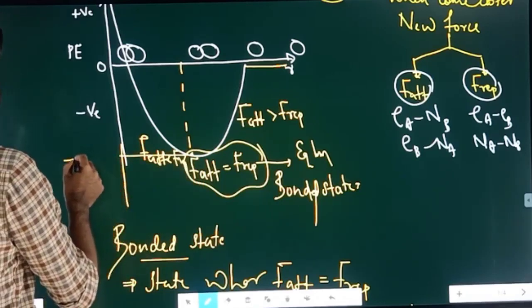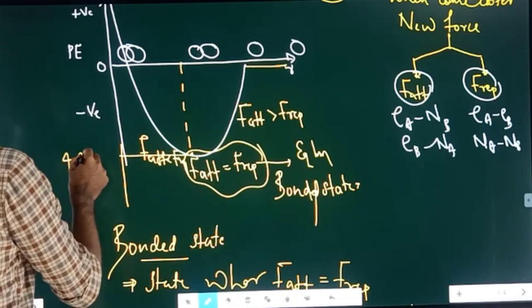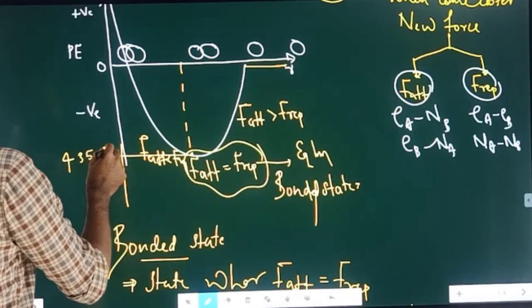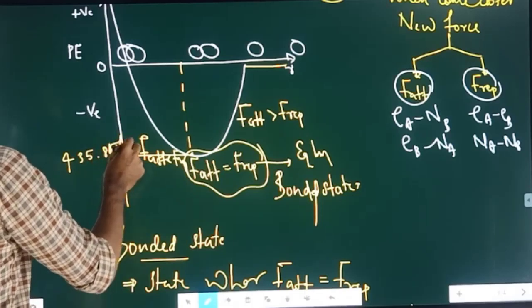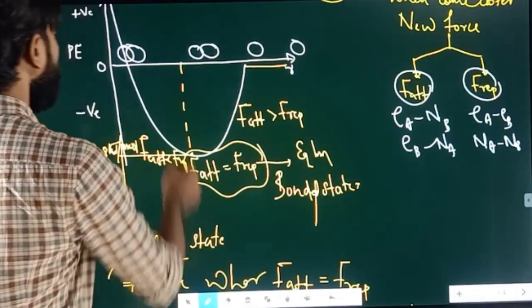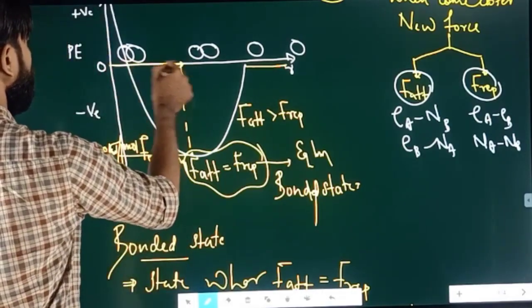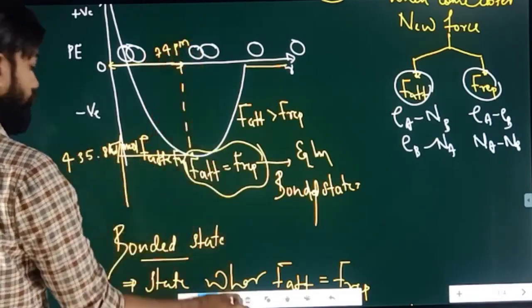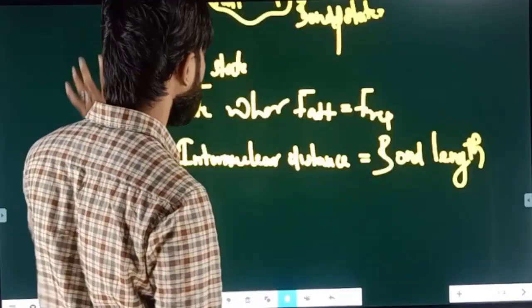Nearly 435.8 kilojoule per mole is released by hydrogen. That is the bond energy. The distance between two nuclei in that bonded state is 74 picometer for hydrogen. That means in the case of hydrogen, the bond length is 74 picometer.